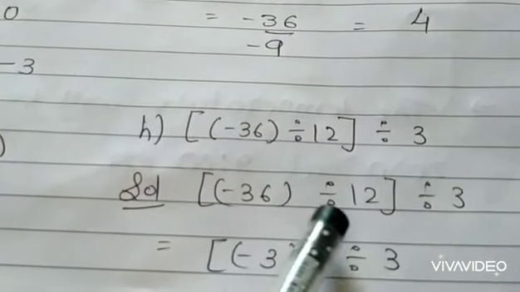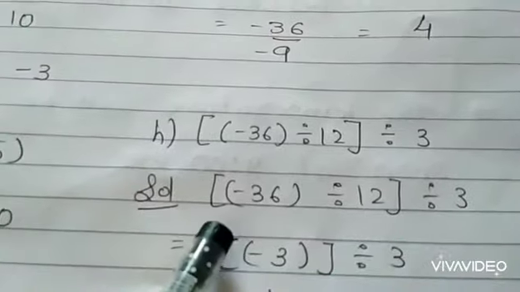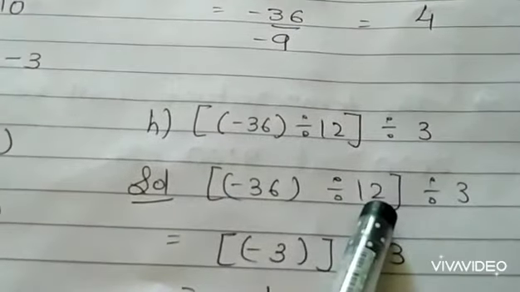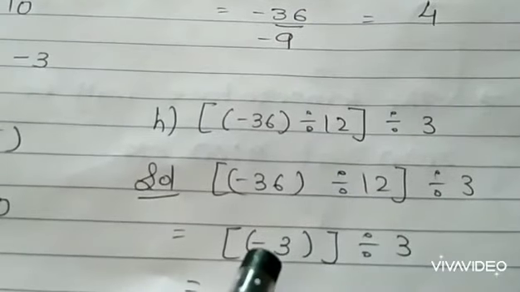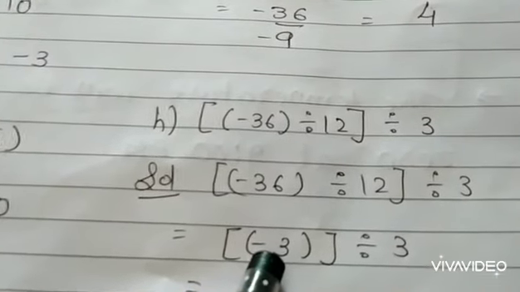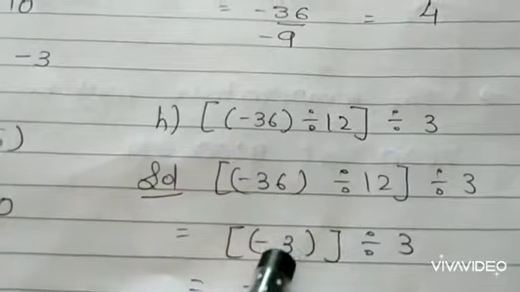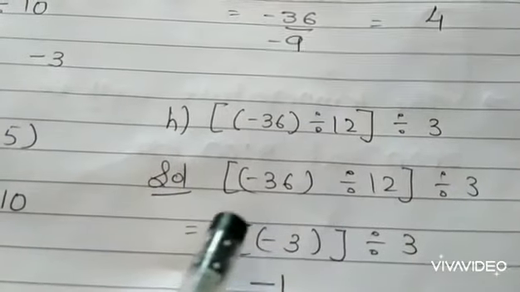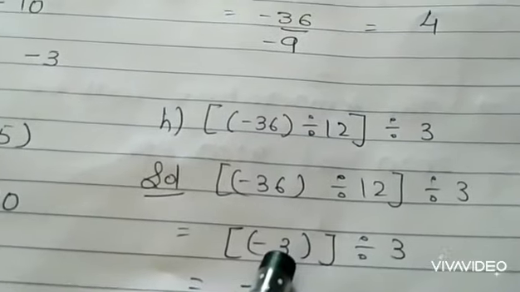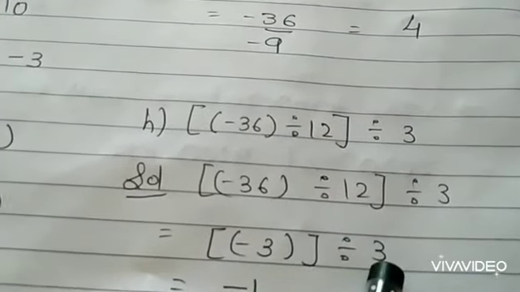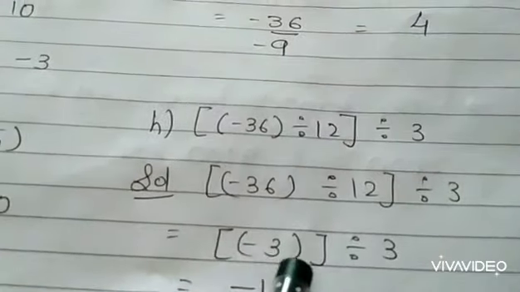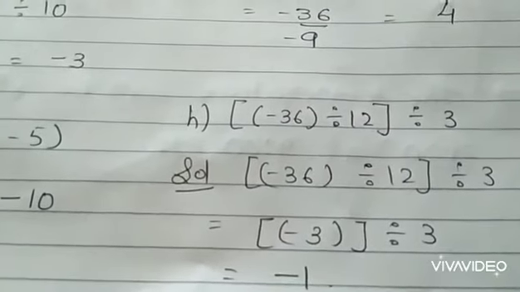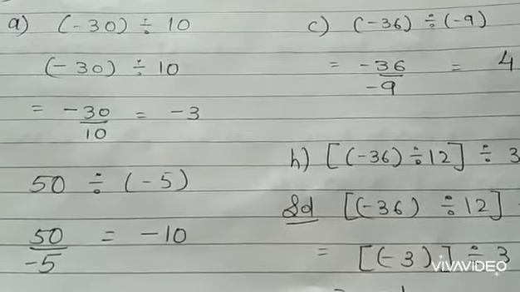Minus 36 divided by 12: as this one is negative and this one is positive, unlike sign, our answer will be negative. 36 divided by 12 is 3, so negative 3. Divided by 3 as it is. So minus 3 divided by 3 is minus 1. Rest of the questions you can solve in your notebook.